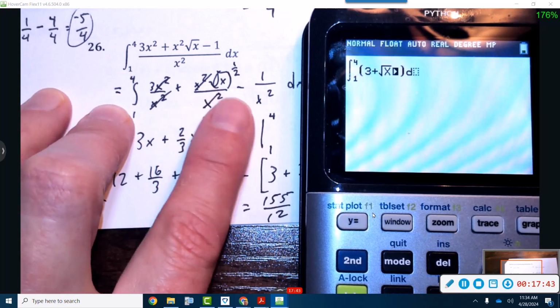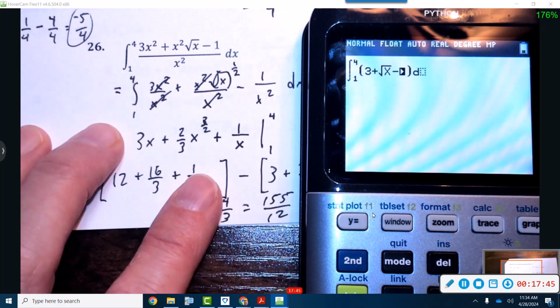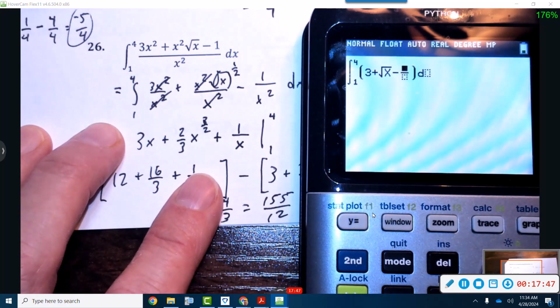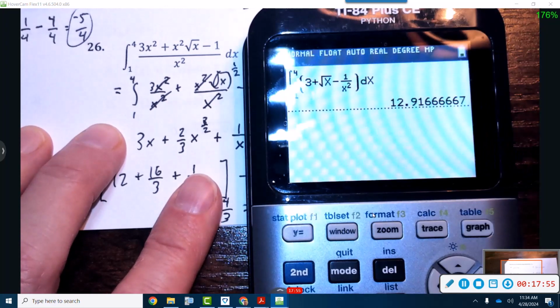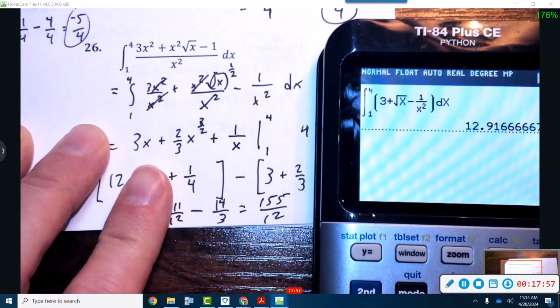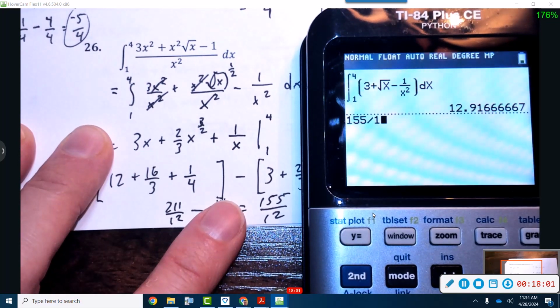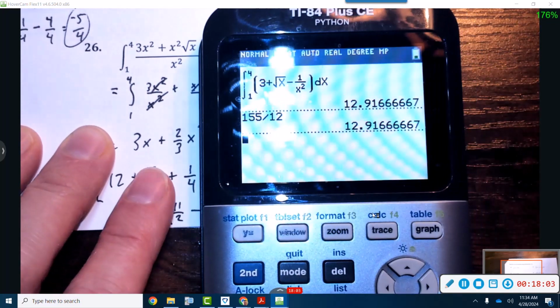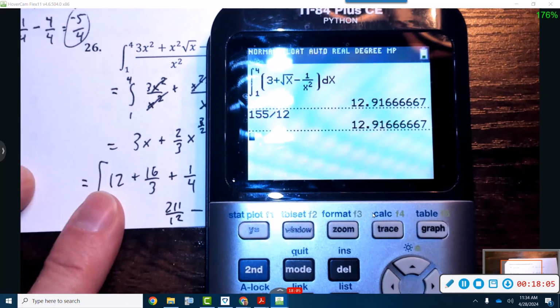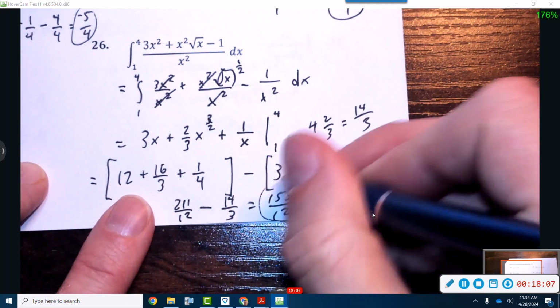Okay, and then this is going to be minus 1/x squared. Well, I guess if it didn't like the first x squared, it's not going to like this guy either. So let's just see what happens. 12.9. What is 155 divided by 12? It is 12.9. Okay, so that is correct.